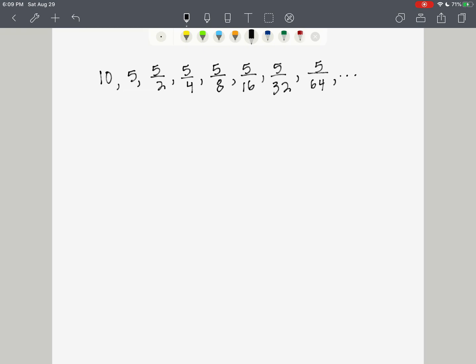So what's happening is this number is getting closer to 0. Getting closer to 0. Therefore, we call that converging.